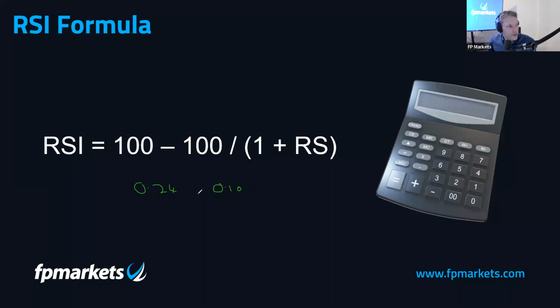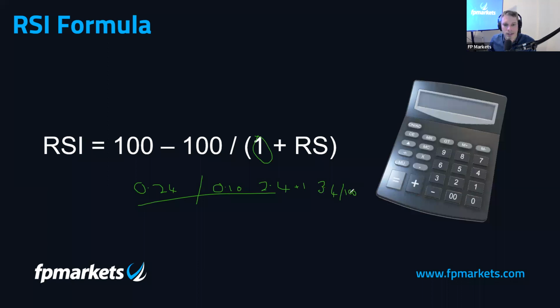Dividing these two values gives us the RS, or relative strength. If we divide these two values, this gives us 2.4. We then add this value to 1, which equals 3.4.